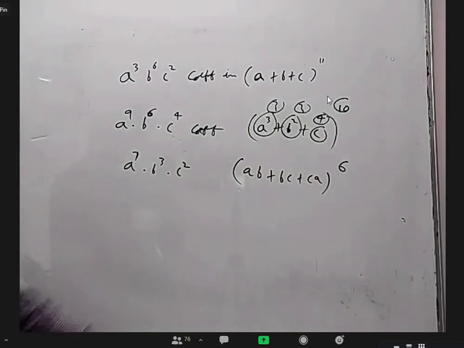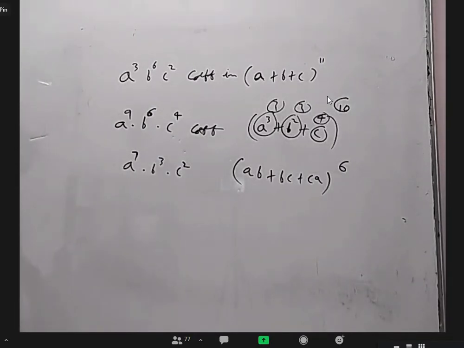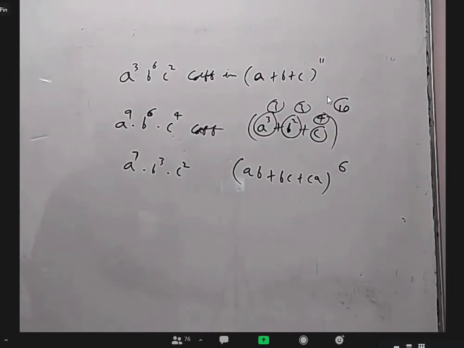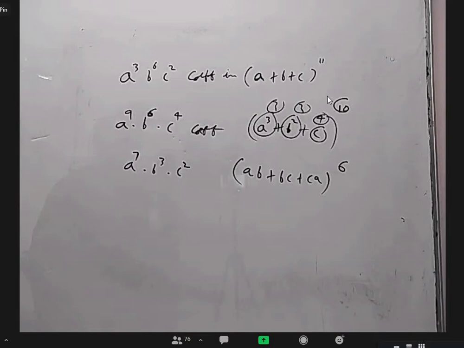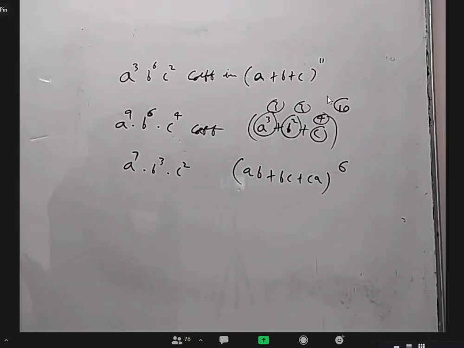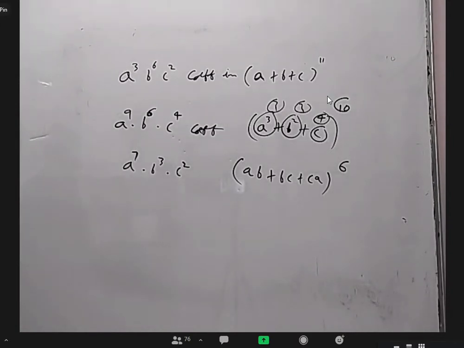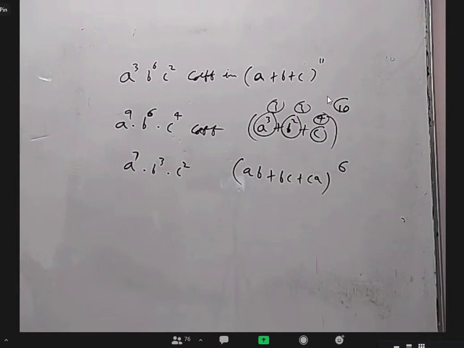Correct? In this, what is the coefficient of a power 7 into b cube into c square? If somebody knows the answer, please respond. Not that you got the answer and you keep quiet.